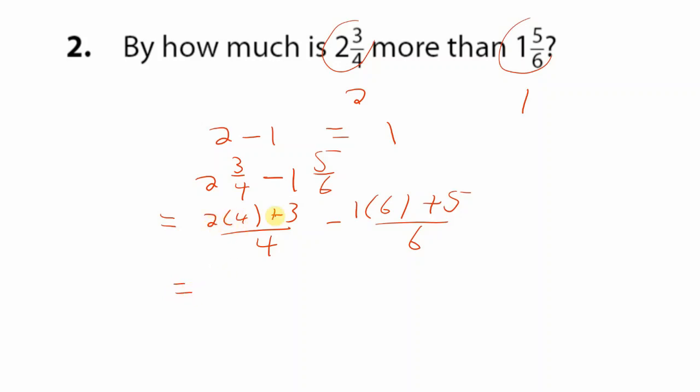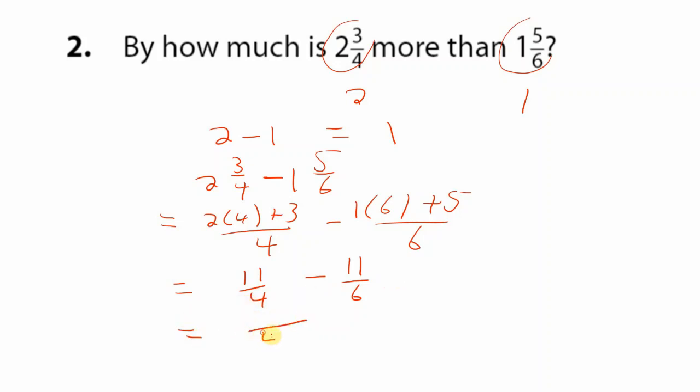So 2 times 4 is 8 plus 3 is 11 over 4 minus 6 plus 5, 11 over 6. We need now, since we are subtracting, the denominators the same, 12 will work. 4 goes into 12 3 times. 6 goes into 12 2 times. 6 times 4, 24 also would work, but let's use 12.